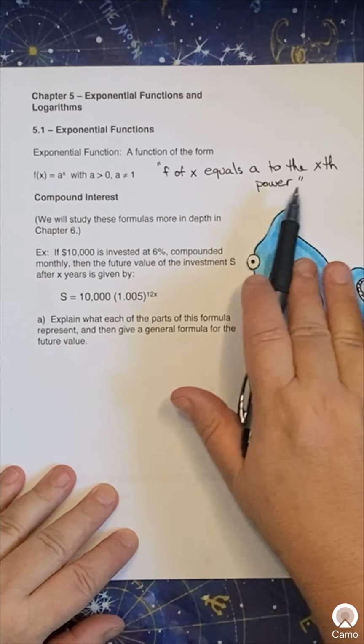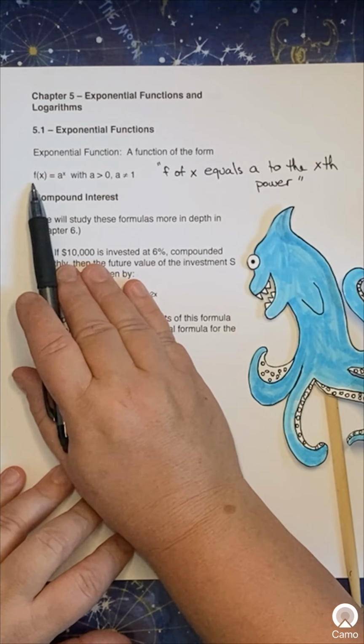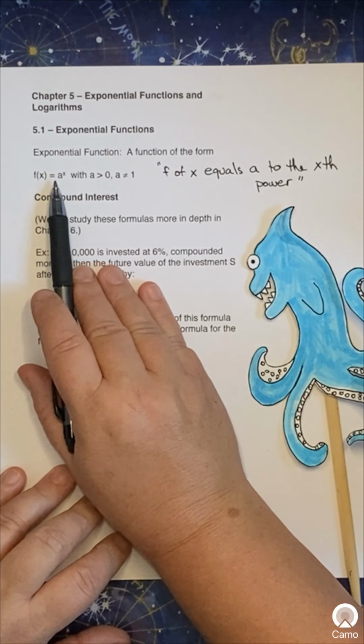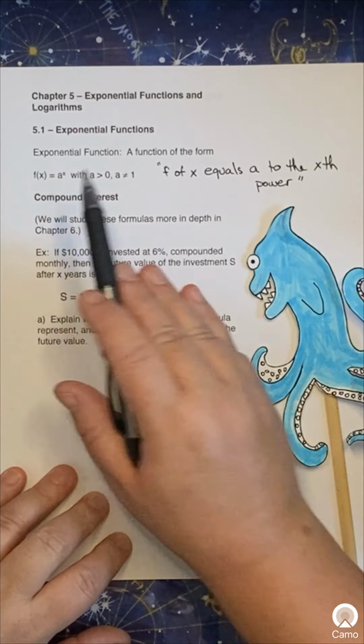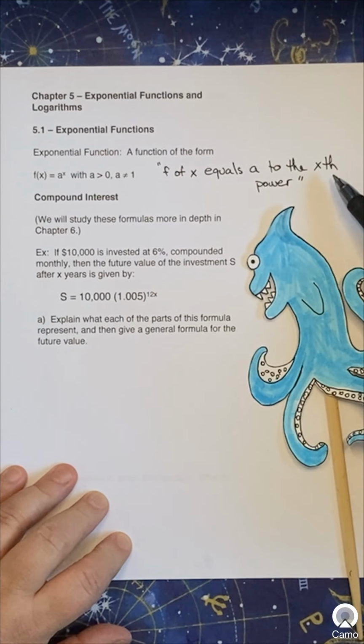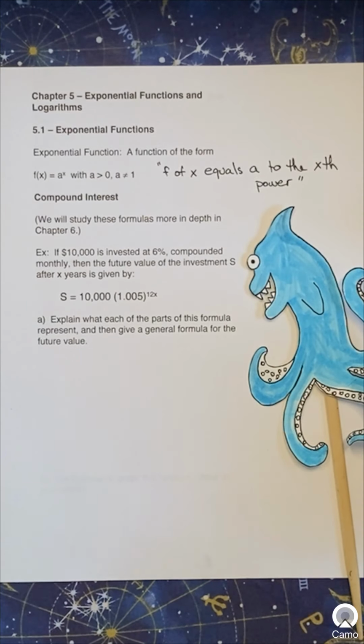I wrote this out because my pronunciation is terrible. But f of x equals a to the xth power. I have never been able to pronounce this properly. So that's how you set it up. A lot of times when people are saying it, they'll just say a to the x because it's a lot easier. People understand that when you hear the words to the, it means it's an exponent.